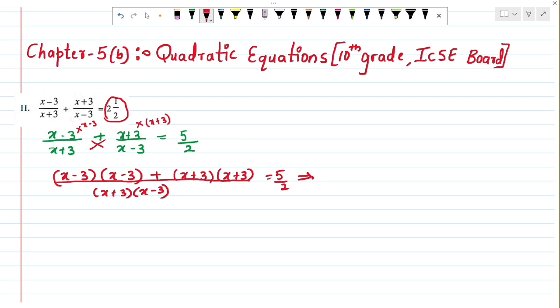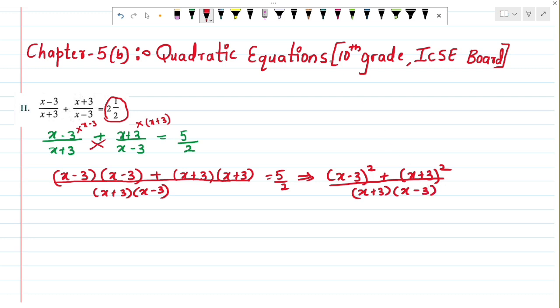So if I simplify this, this x minus 3 into x minus 3, I'll write as (x minus 3) whole square plus (x plus 3) whole square divided by x plus 3 into x minus 3.